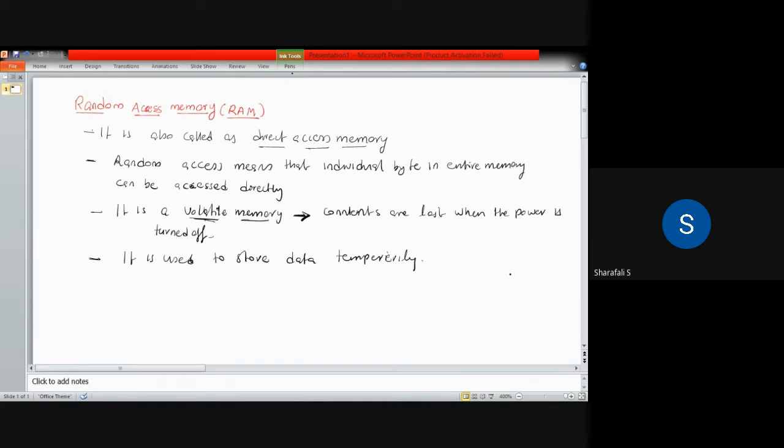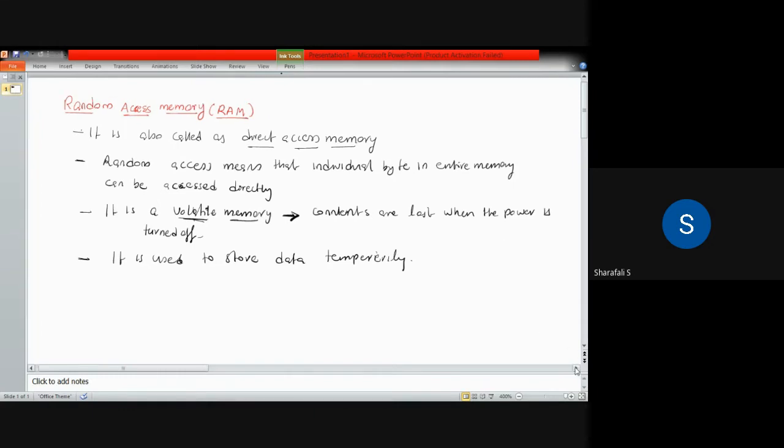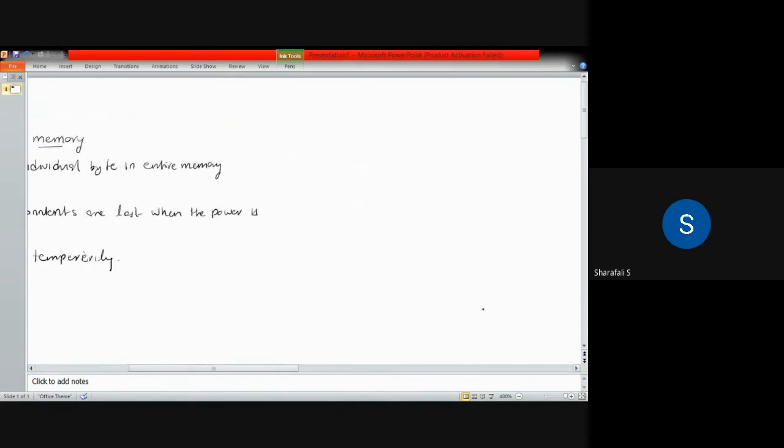Suppose you do some writing in Word, for example, on your system. You are working in Microsoft Word, writing some letter.